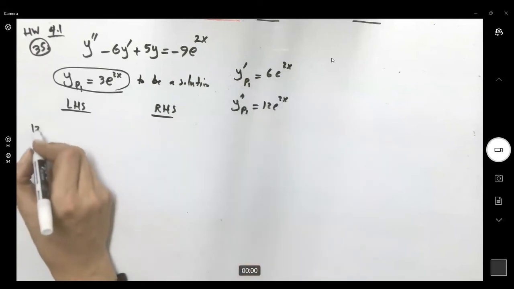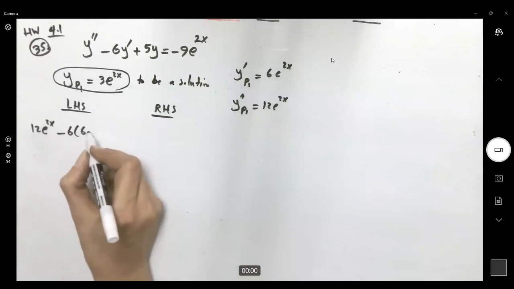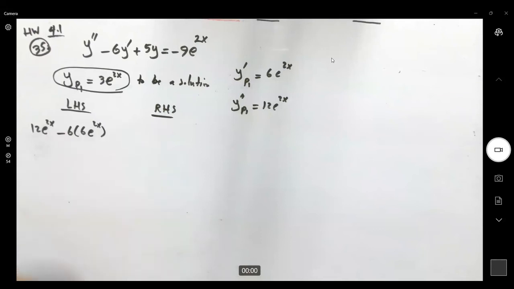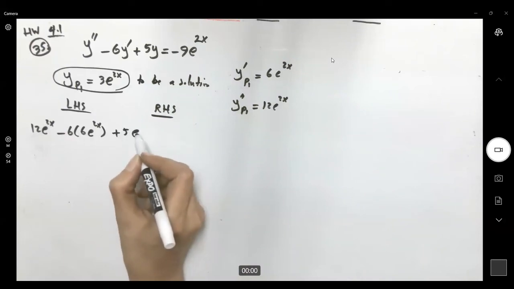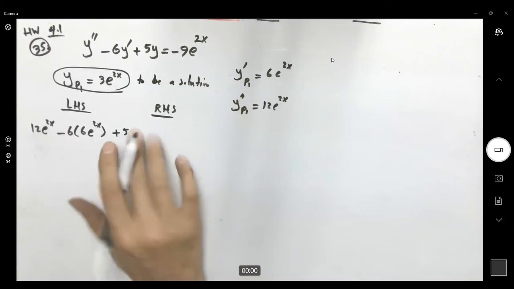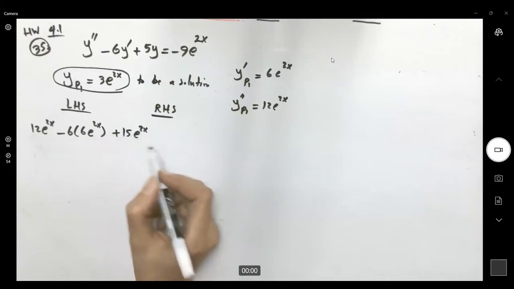So we have 12 e to 2x minus 6 times 6 e to 2x plus 5 times 3 e to 2x, so we get 15 e to 2x on the left-hand side.